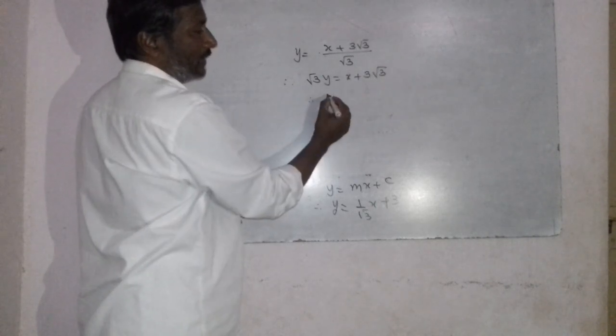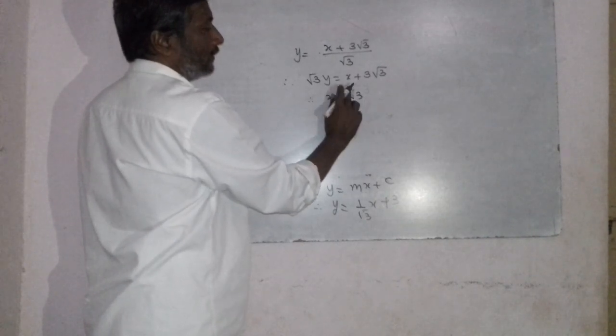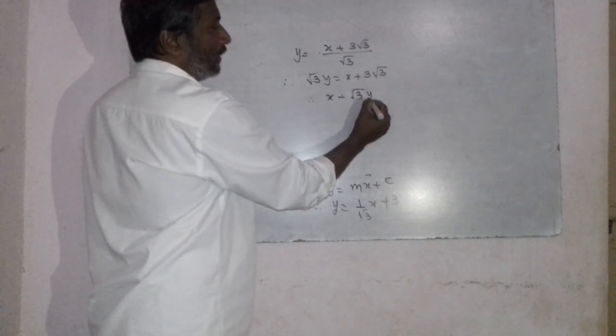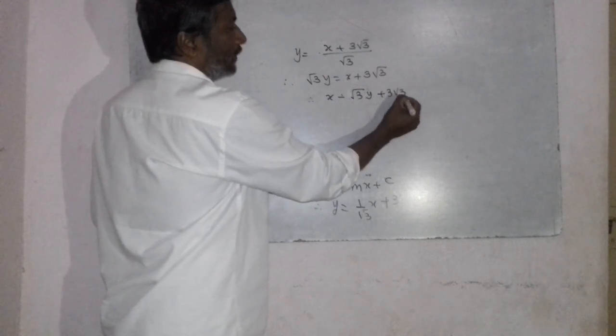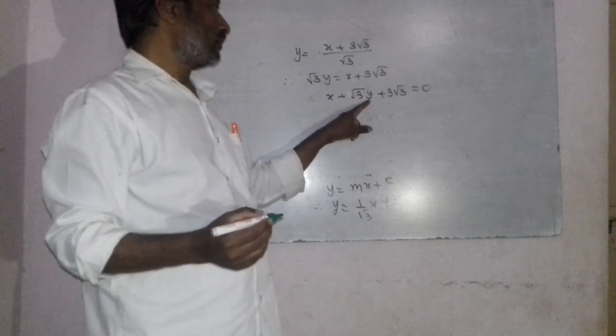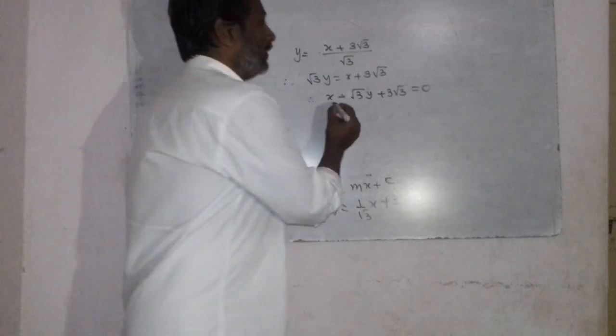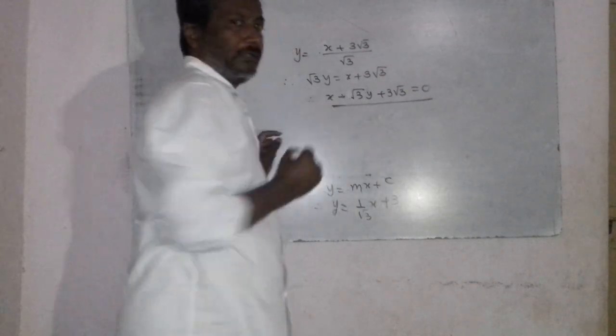Therefore send this to RHS: x minus root 3 y plus 3 root 3 equal to 0. X minus root 3 y plus 3 root 3 equal to 0 is the equation of the line.